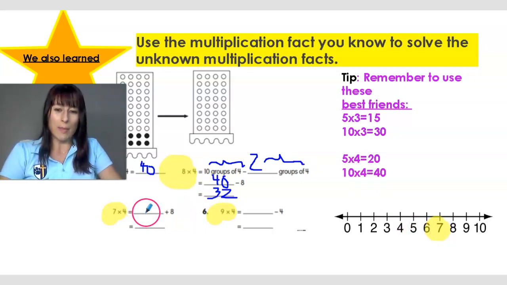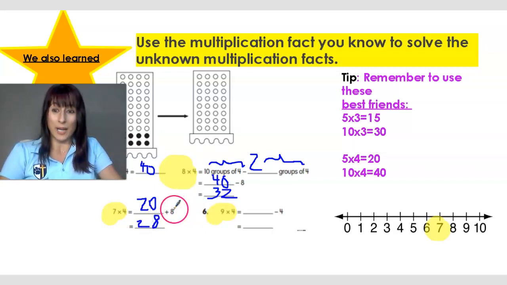So here I'm not going to write the groups because they don't want me to write the groups. They only want me to write straight the number that is the 5 groups of 4. So I'm going to write here the number already that I know the 5 groups of 4 is 20. So 20 plus 8 is 28.